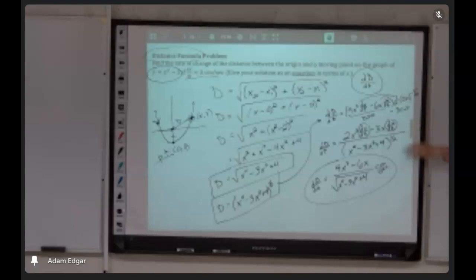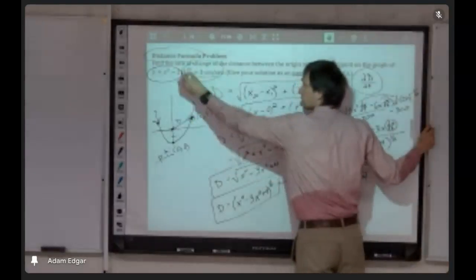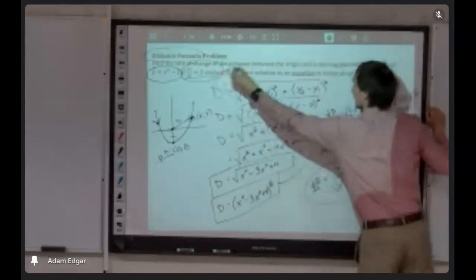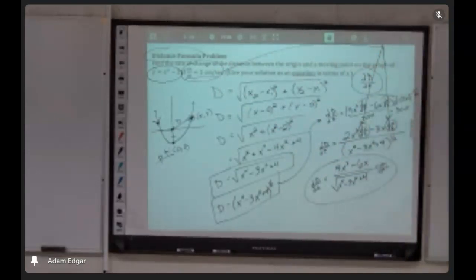From here to here? This is where I'm using the fact that dx/dt is 2. So I'm taking this and, at the risk of making a mess of this, I plug that in for those dx/dt's. Okay.